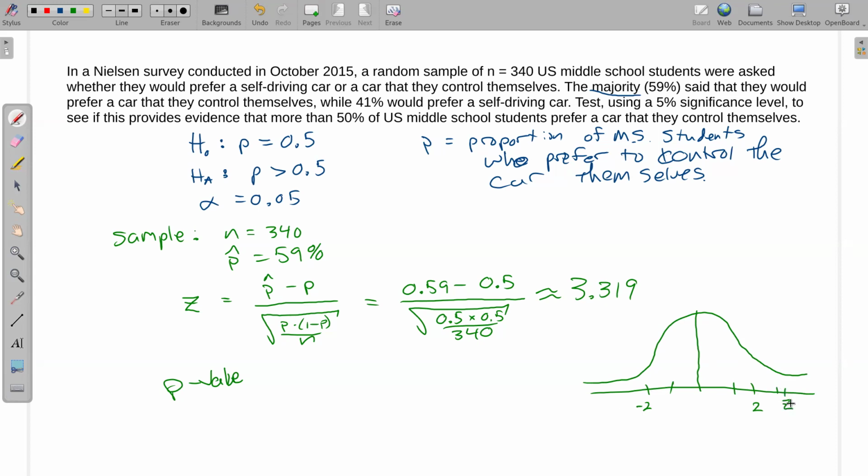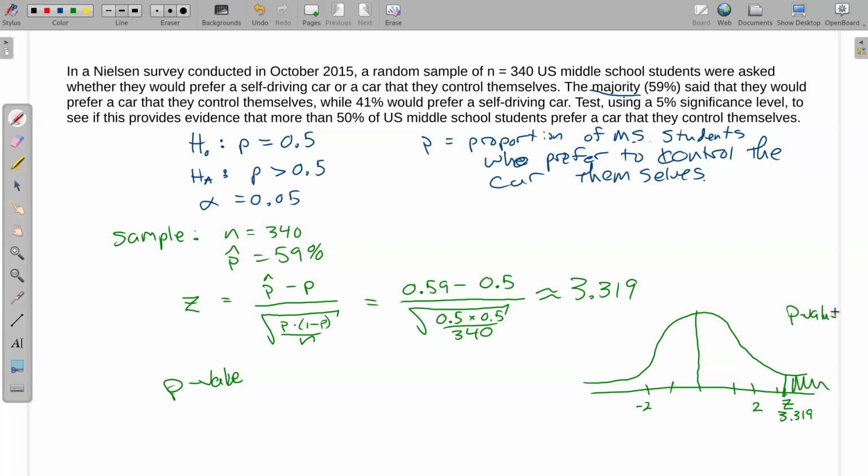That's our z-score right there, 3.319. If there's 95% in the middle with the 2 standard deviation rule, that means there's 5% for the tails, so 2.5% would be in the right tail. That's coming from 2 standard deviations. This is going to be way less than that, so we should be getting a pretty tiny p-value.